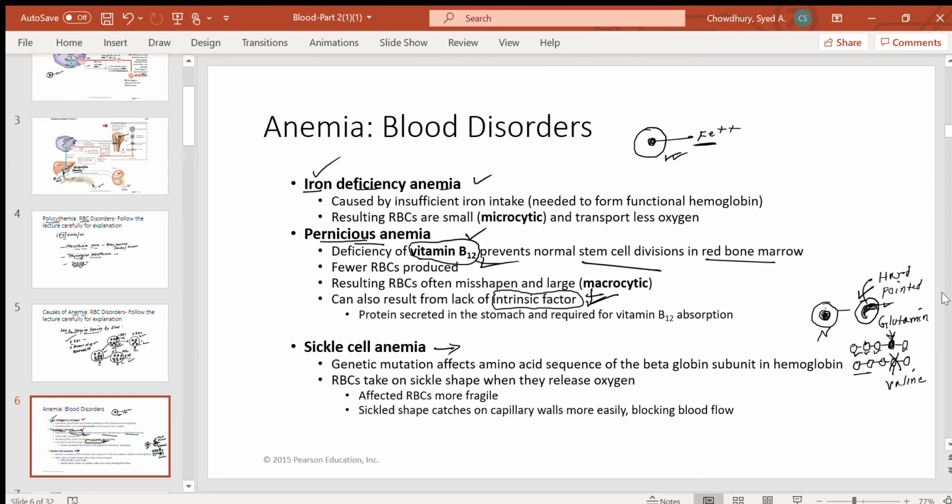So that's a problem. Okay, and since the hemoglobin gets hard and both ends are pointed, when the red blood cells try to pass through narrow capillaries, the pointed ends will break the cell membrane and rupture the red blood cell.